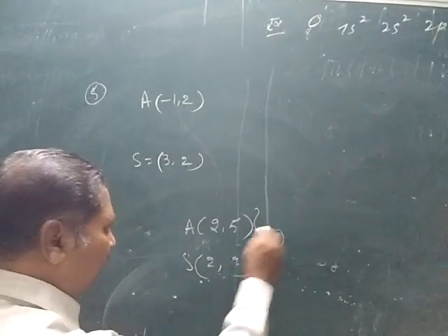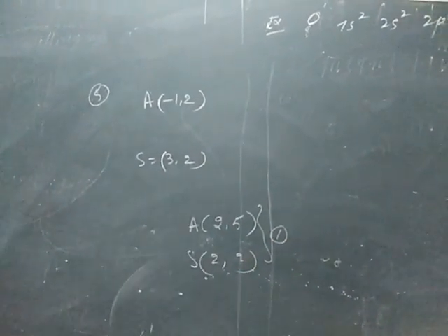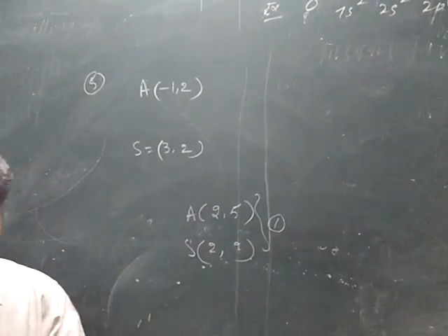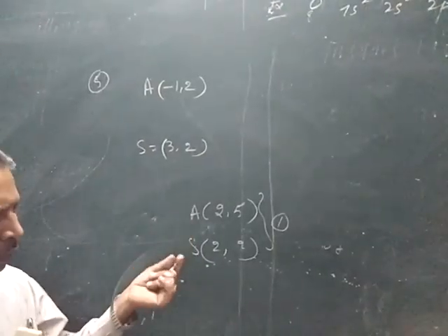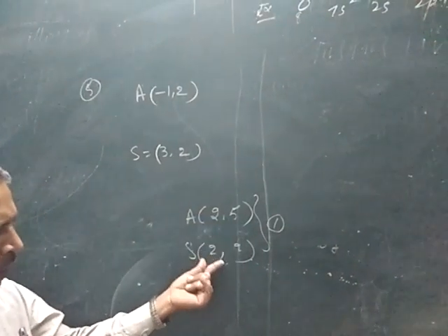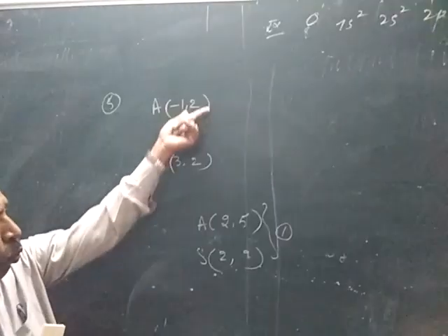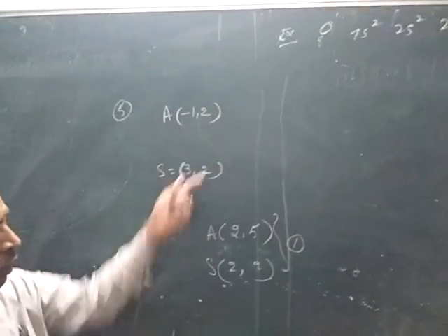This is the first bit. This is the fifth bit. Observe these two bits. In the first bit, x coordinates are equal. In this one, y coordinates are equal.